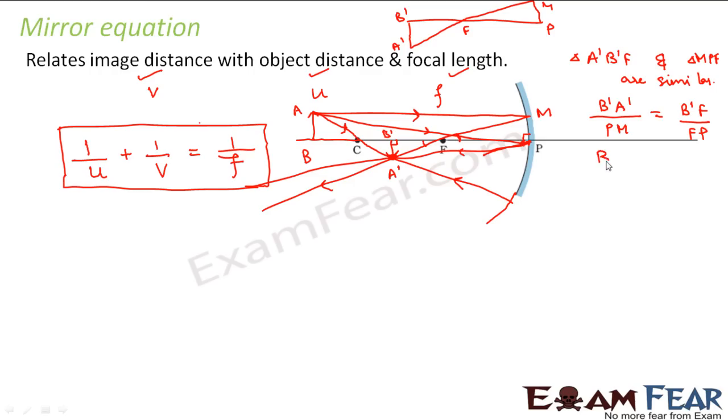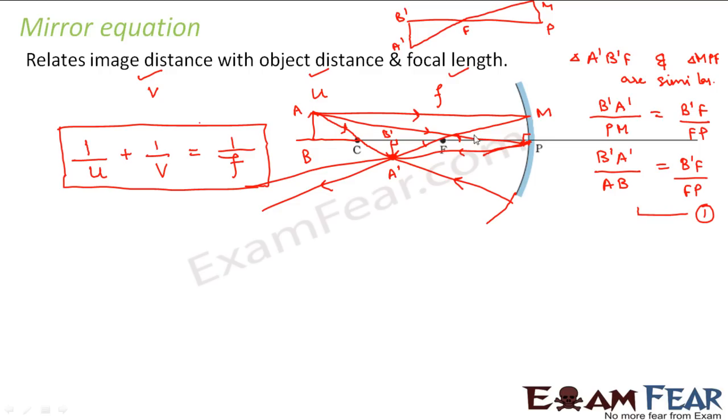Now what is PM? PM is nothing but AB. If you look at this diagram, the length AB is the same as PM. So you can write it as B dash A dash divided by AB is equal to B dash F divided by FP. Let me call this equation 1, right?